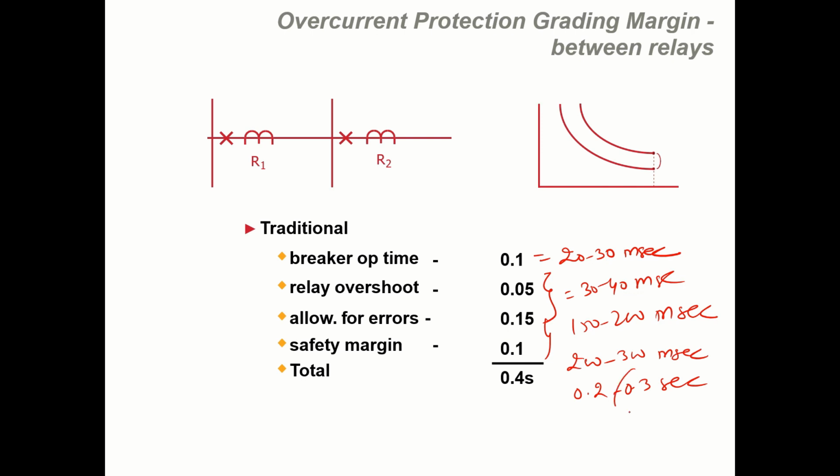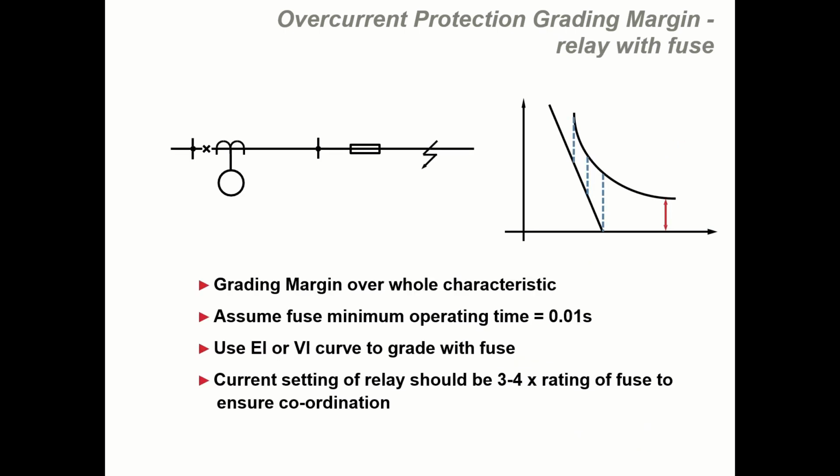If we are very conservative, nowadays we can assume this grading margin is 0.3 second. If we have an electromechanical relay, we can assume 0.4 second also. But generally for a numerical relay, a grading margin of 0.3 second is more than enough.